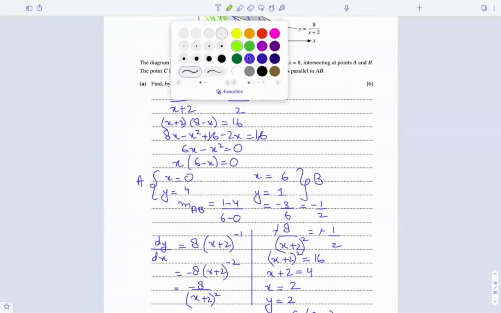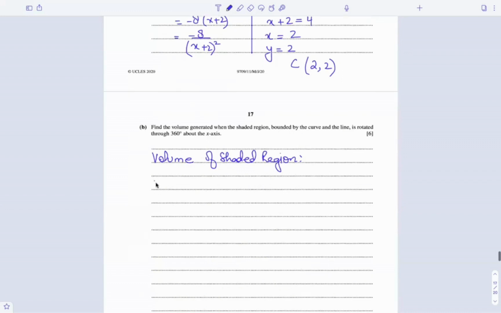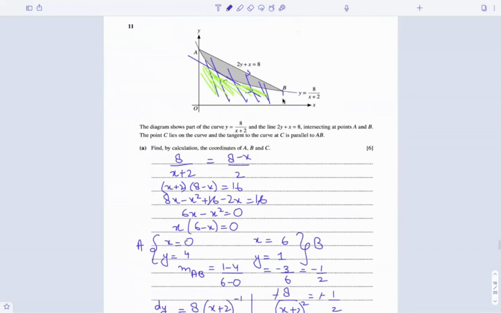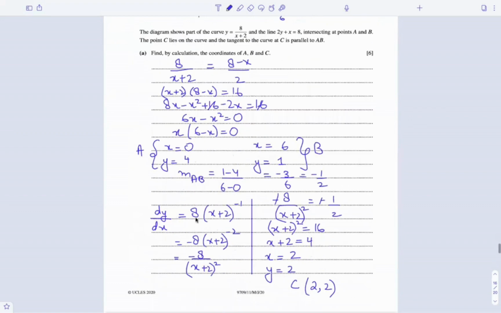First, finding the volume under the line, we know that to find the volume, we take pi times the square of the function, and the limits are 6 and 0, as the x coordinate of B was 6 and the x coordinate of A is 0.